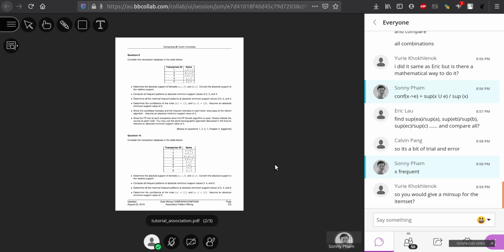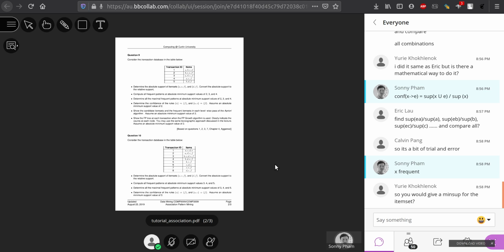That is not really interesting from a supermarket's perspective. So X needs to be frequent as well. And if X is frequent, then the list might be shorter. All right, but at least you get an idea.